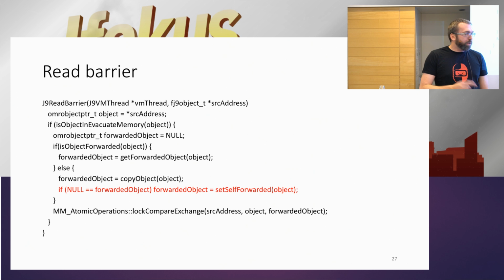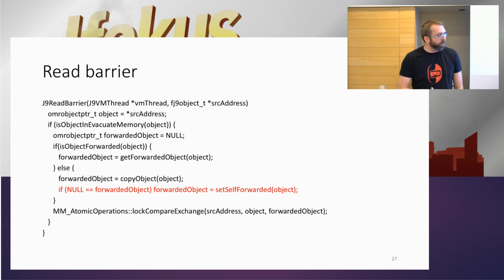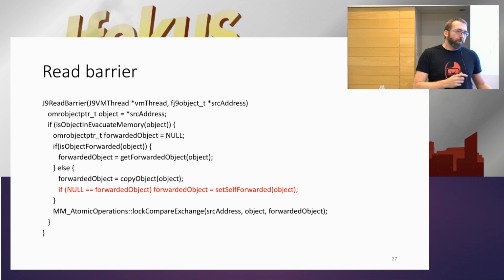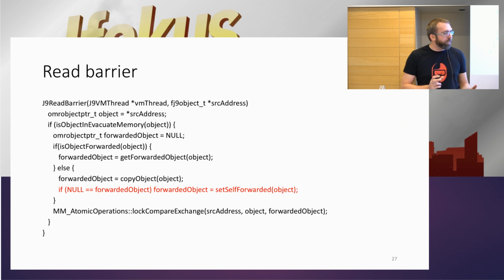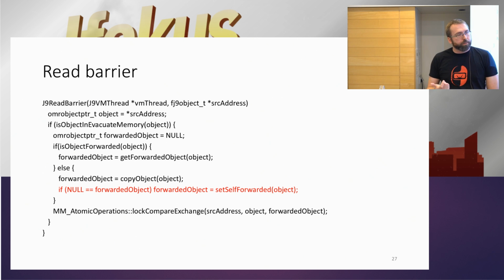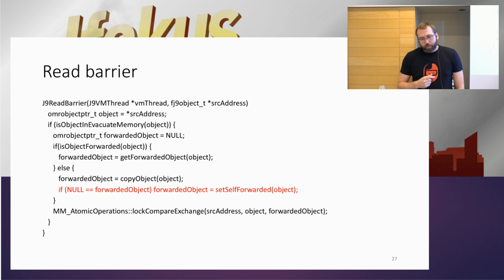One special case is if you actually run out of memory. We will copy in our VM. We have an allocate in a survivor space. It's a little bit different than some of the HotSpot VMs, but we could possibly not be able to fit everything we need to copy into survivor space. In that case, we just self-forward the object, and we'll fall back at the end to a global collection, which will do a full global collect.